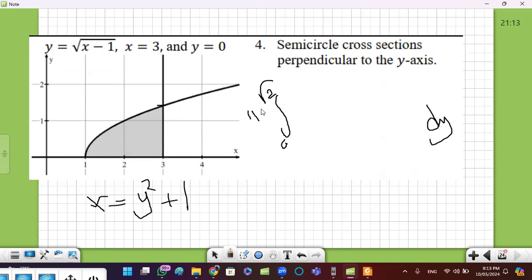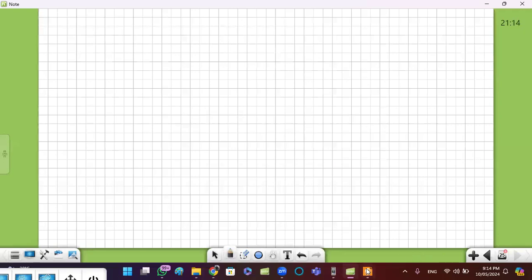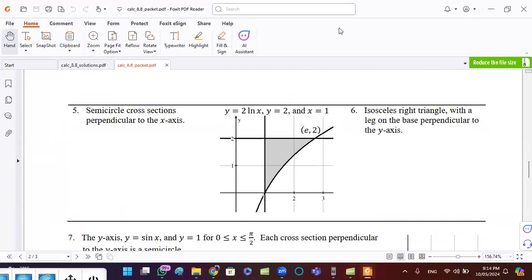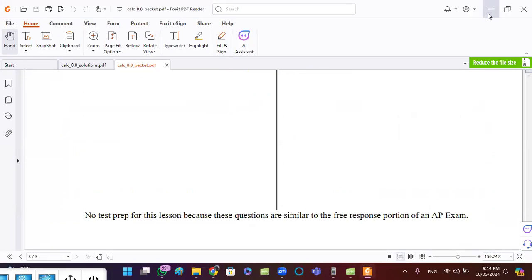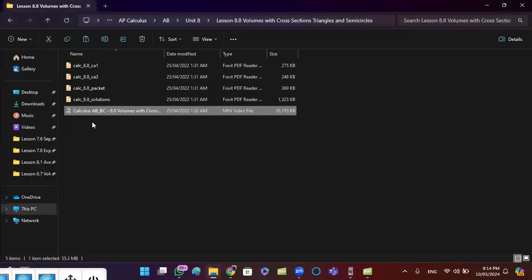Semicircle, so I put pi over 8, bracket y squared plus 1 minus 3 over 2. Got it? Yes. Do we also need to write down the answer, or is it enough to write the setup? He will tell you in the question to set up integrals only. I'm sure. Okay.